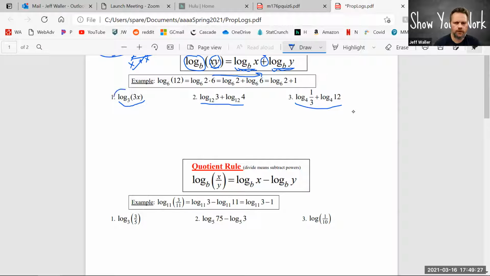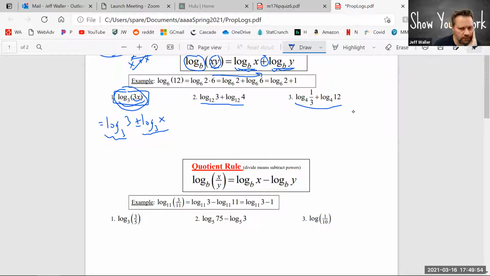So just to make sure we're all on the right track here, how do I rewrite this first one? Log base 3 of 3 plus log base 3 of x. Yes, so I have a log of a product is equal to the sum of the logs.